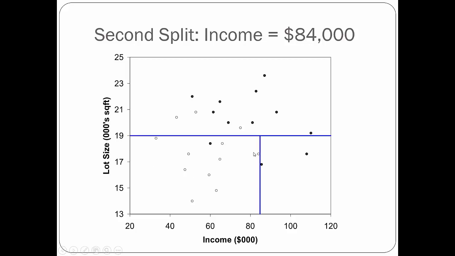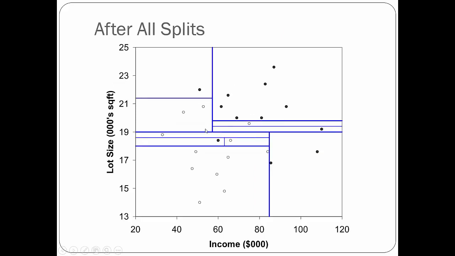Whereas here it is almost homogeneous, except there is one owner, so it's not completely pure. There is a little bit of impurity. Then you further split, maybe some splits here and here, and keep going until you reach a point where you get all pure rectangles.